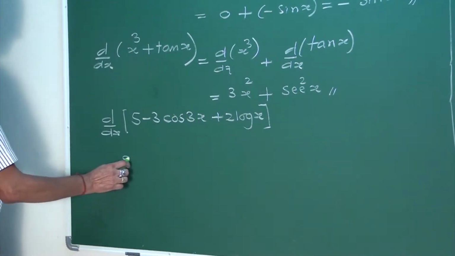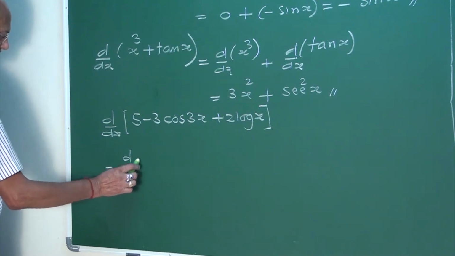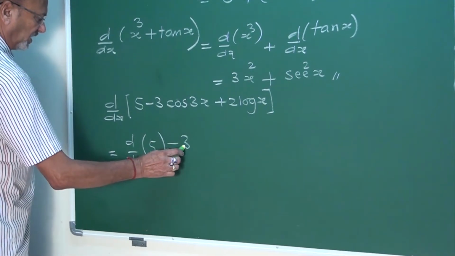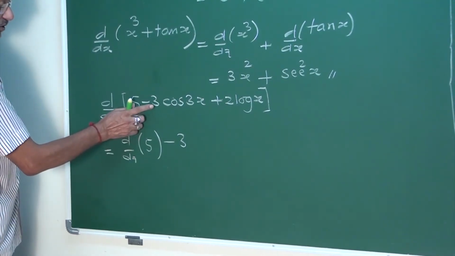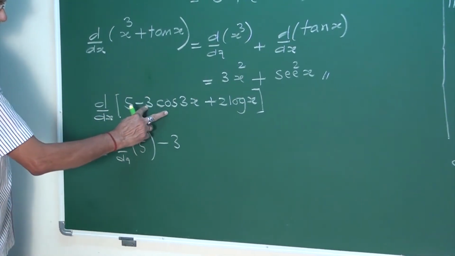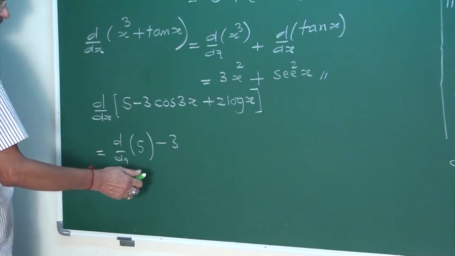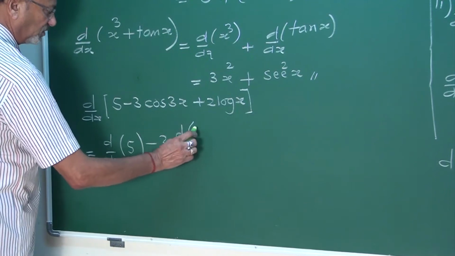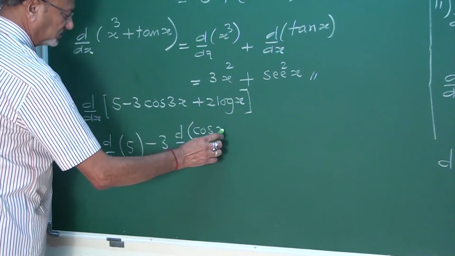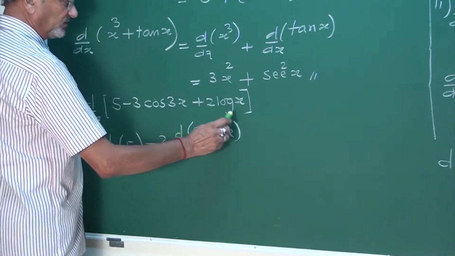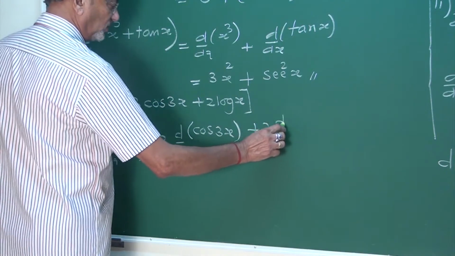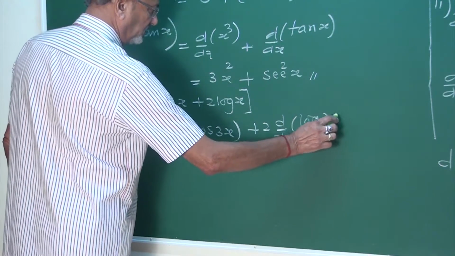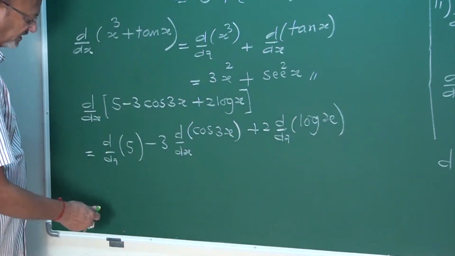This is d by dx of first number 5, plus is plus, minus is minus. What about this 3? 3 is not alone, it is with a function. When it is with a function, that 3 remains, comes outside: d by dx of cos 3x. Plus 2 with a function remains 2: d by dx of log x. Then you write the derivative.